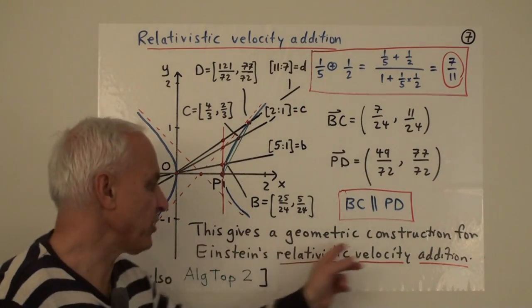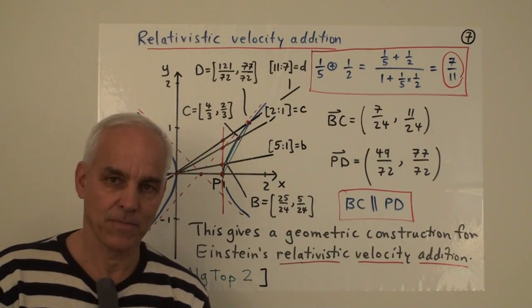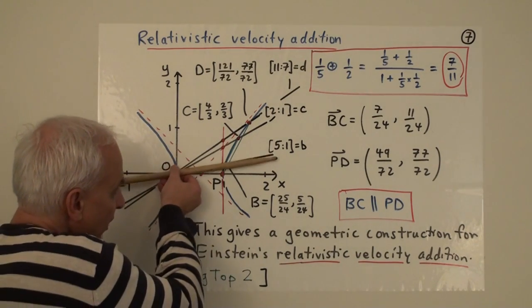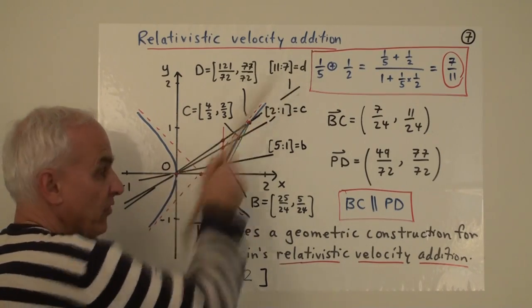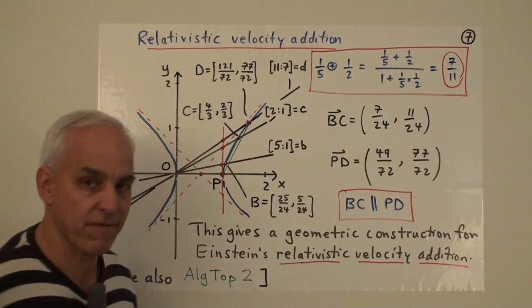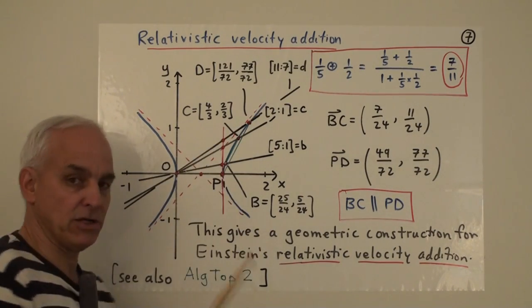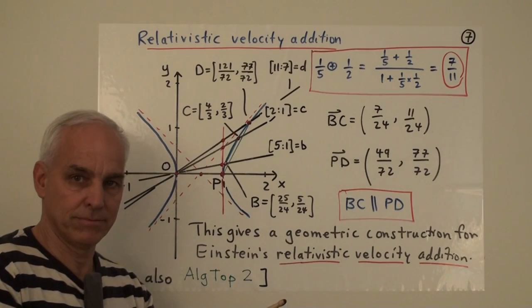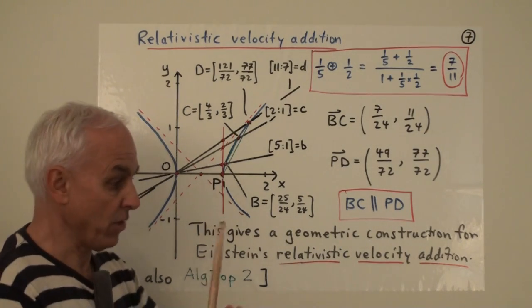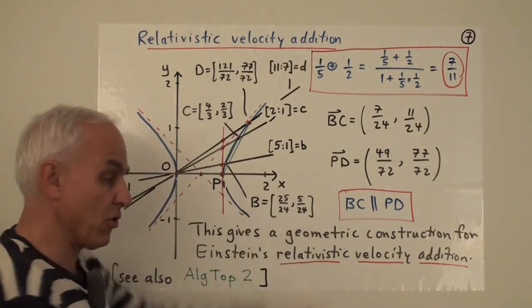This gives us a geometrical construction for Einstein's relativistic velocity addition. If we started with this line representing a velocity of 1/5 and this line representing a velocity of 1/2, and we were interested in what is the velocity corresponding to their relativistic sum, we don't, in fact, have to do any algebra. We don't even need to know any of the coordinates.